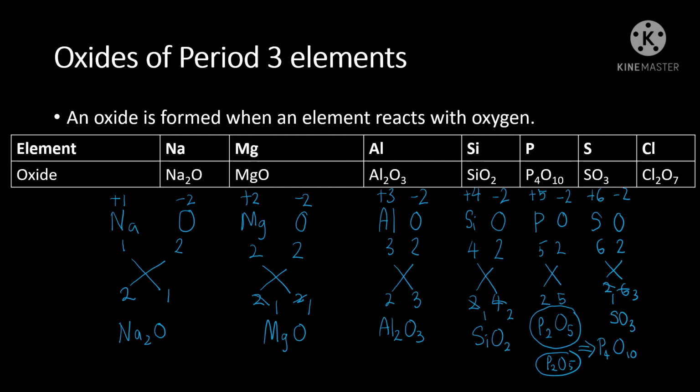And for the oxide of chlorine, chlorine is a group 17 element, again it has more than one oxidation state, but here I'm using the highest oxidation state, which is +7. Again, oxide is -2, so ignore the charge, cross, we get 2,7. Therefore, the oxide for chlorine has the formula Cl2O7.